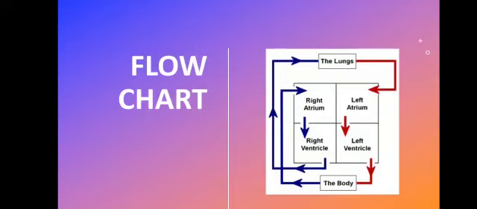From the right atrium, it goes to the right ventricle. From the right ventricle, it goes to the lungs. And from the lungs, after purification, it goes to the left atrium. Then it comes to the left ventricle. Then at last, it goes to different parts of the body.